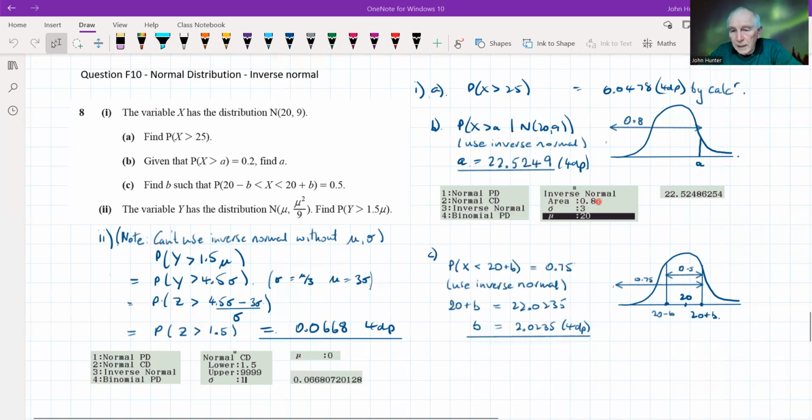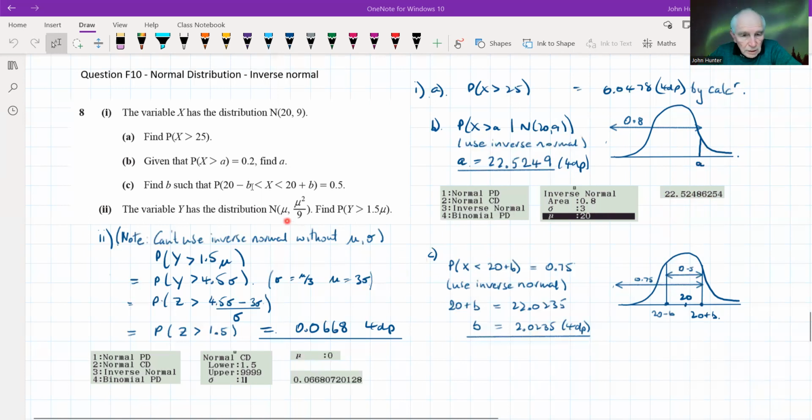So the area is 0.8, with the mean and standard deviation in there, and that's going to give us a value of 22.5 and so on. So that is the value for which this area is 0.8, and therefore the area to the right is 0.2.